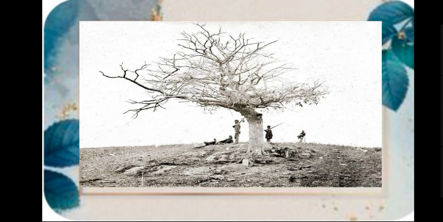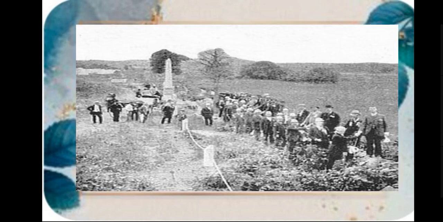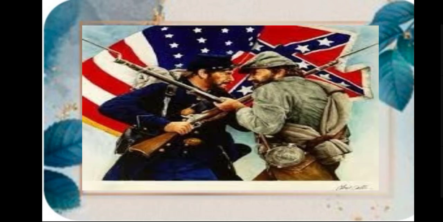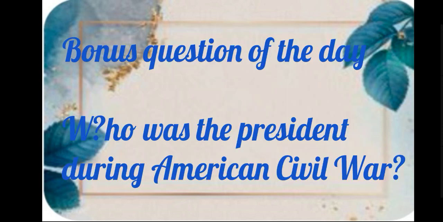Few are resting and few are very much attentive. This is also the battlefield. Troops are ready for the fighting. Two flags of Confederate States and the United States were there. Now they are united.